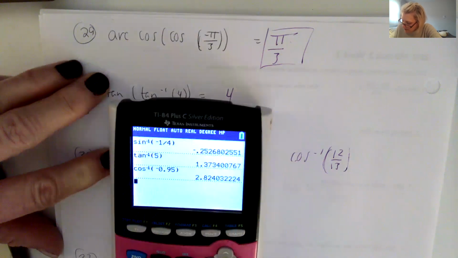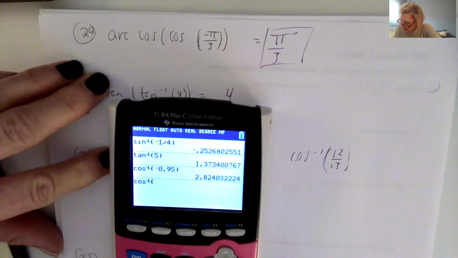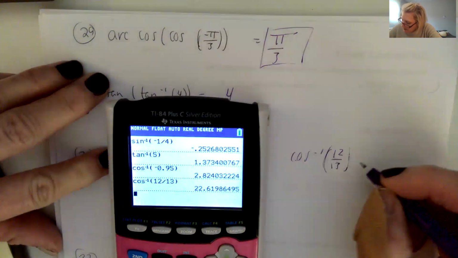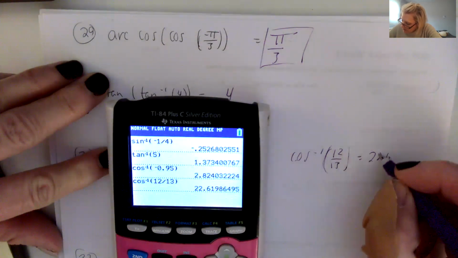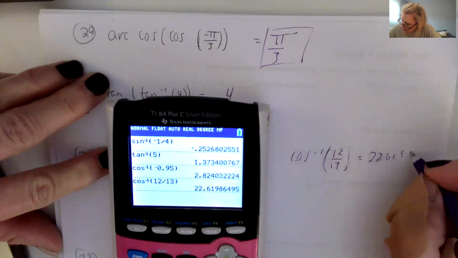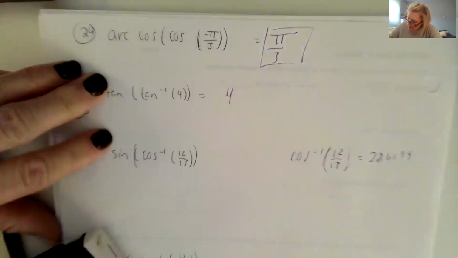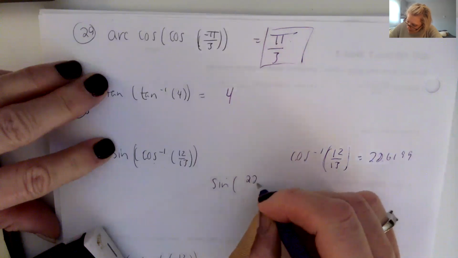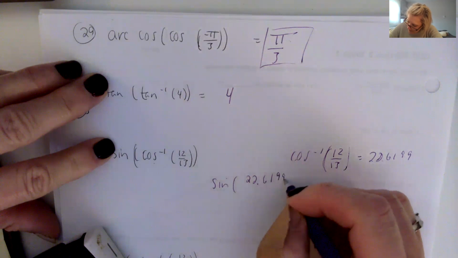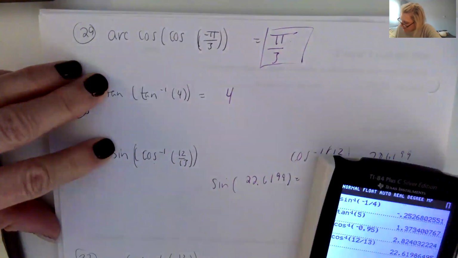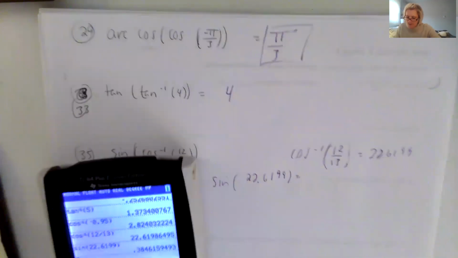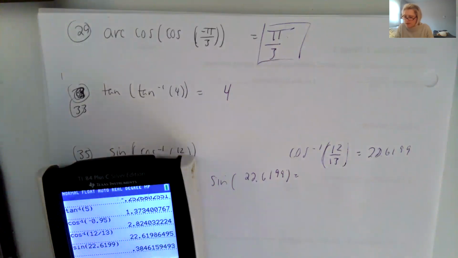And let's do the inverse cosine of 12 over 13. And that comes out to be 22.6199. And so then we're going to say the sine of 22.6, and that comes out to be 0.3846.